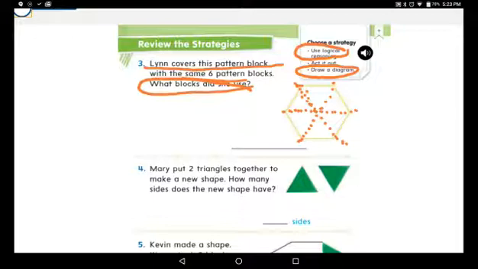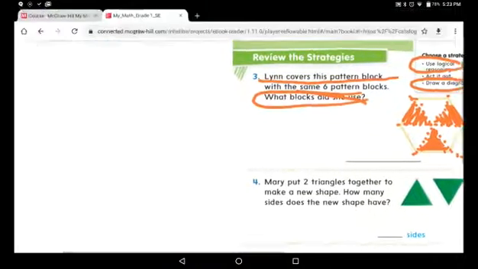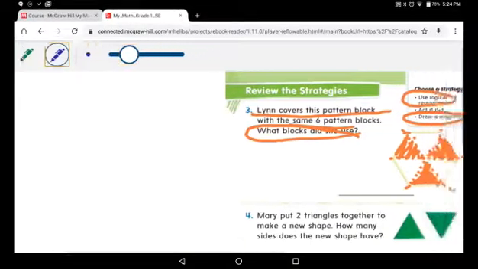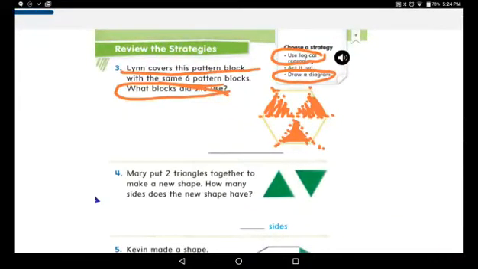Let's see. This is one triangle, and this is the second triangle. This is the third triangle. Now I will use another color to show you the other 3.